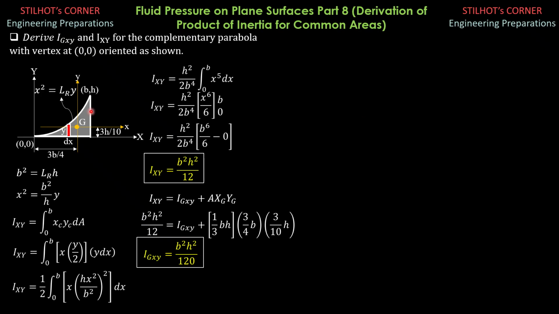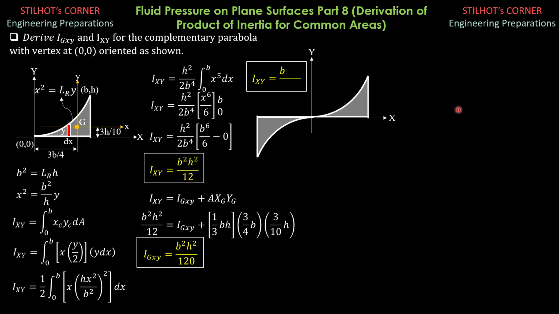So if the spandrel of parabola is oriented like this, the product of inertia with respect to the xy axis would still be b squared h squared over 12, and the centroidal product of inertia would still be b squared h squared over 120.